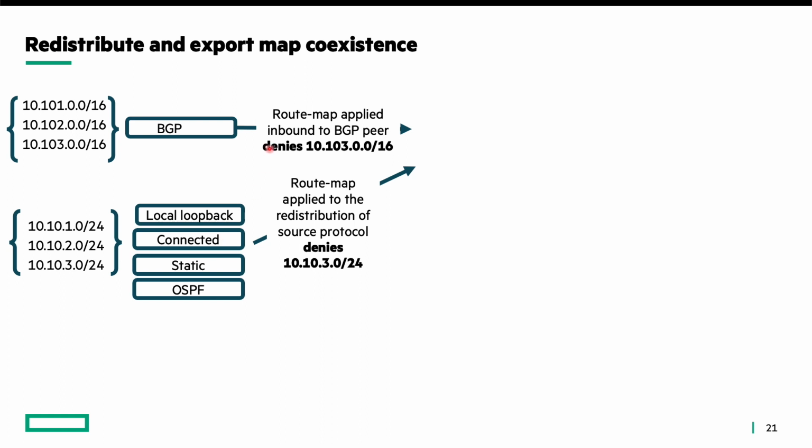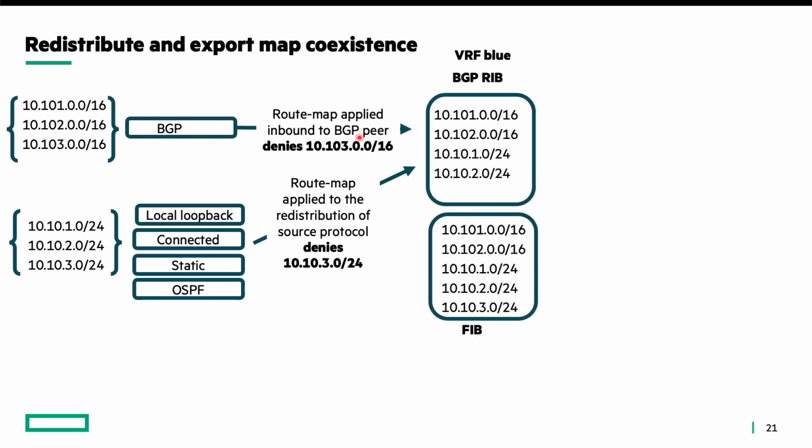If we apply a route map to a BGP peer to deny 10.10.3 in this case, and we also apply a route map in the redistribution for OSPF routes, redistribute OSPF route map, to deny 10.10.3, then in our BGP table we don't see 10.10.3, as expected.